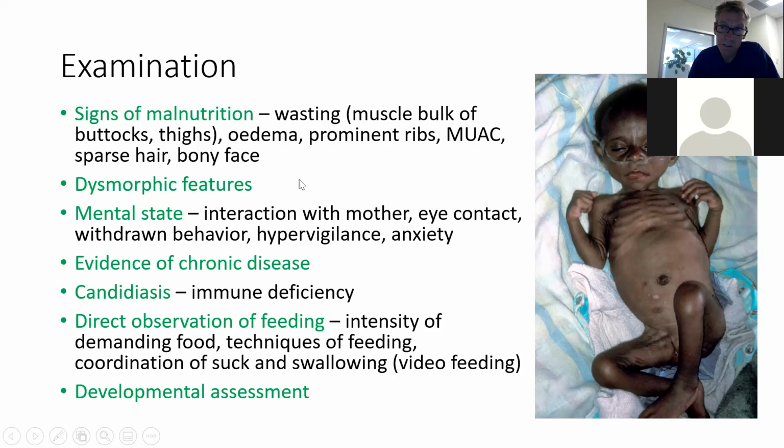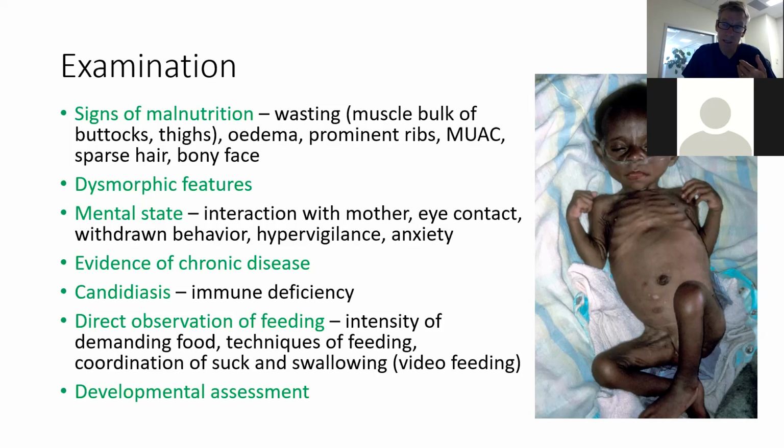Look for dysmorphic features that might indicate a clinical syndrome. And then I think it's useful to make some assessment of the child's mental state, because most children who are failing to thrive will have some psychosocial delay. So look to see what the interaction is with the mother or the father. Look to see if the baby or the child makes eye contact, or if they have withdrawn behavior or hypervigilance.